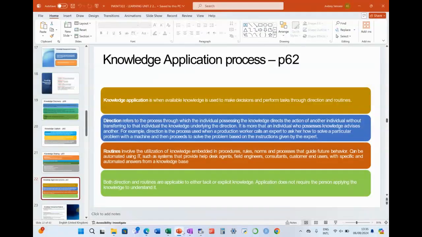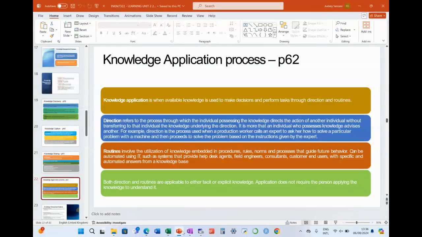Then routines involve the utilization of knowledge embedded in procedures, rules, norms, and processes that guide future behavior. They can be automated using IT, such as systems that provide help desk agents, field engineers, consultants, customers, and end users with specific and automated answers from a knowledge base.